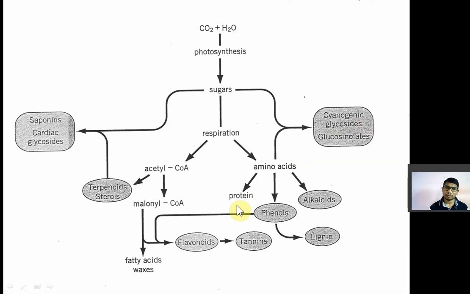Now from acetyl-CoA, malonyl-CoA is synthesized, and acetyl-CoA itself is utilized for the biosynthesis of the terpenoid and steroid nucleus, and this nucleus when combined with sugar gives a saponin or cardiac glycoside. Conversion of acetyl-CoA into terpenoids and steroids is known as the acetate pathway.